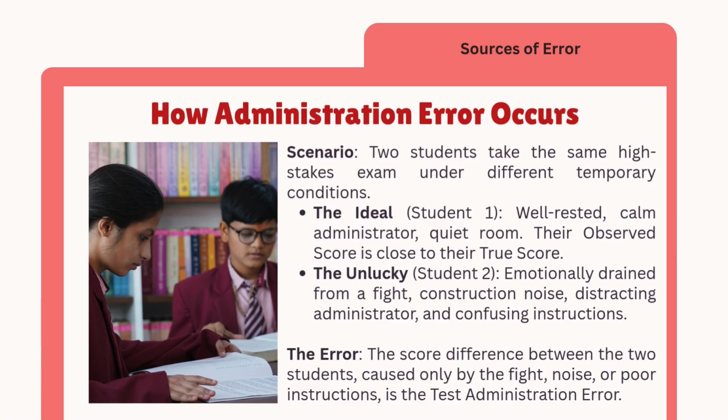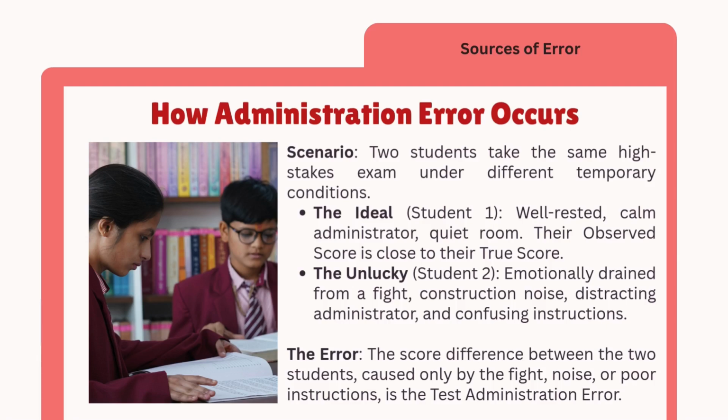And so the difference in scores between student 1 and student 2, that is only due to the fight or the construction noise or the confusing instructions, that is due to the test administration error. So the test score for student 2 is unreliable because it reflects temporary psychological and environmental factors, just because they were simply unlucky on that specific day and location, rather than reflecting their true ability.